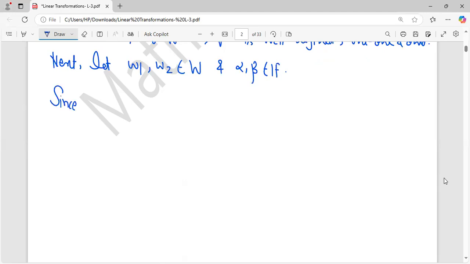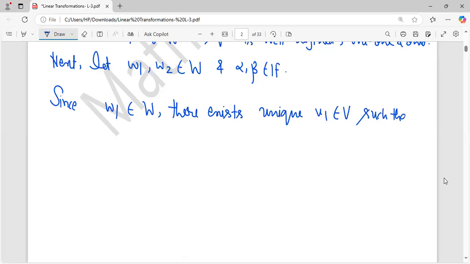Since W1 belongs to W, there exists a unique V1 belongs to V such that T V1 is equal to W1. It means T inverse W1 is equal to V1.